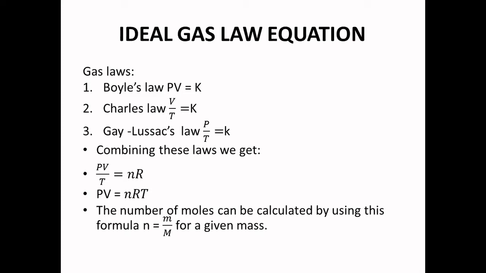Combining these laws, we get PV over T is equal to nR. Making PV the subject of the formula, we get PV equals nRT.